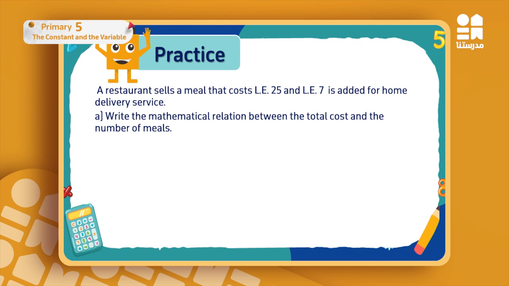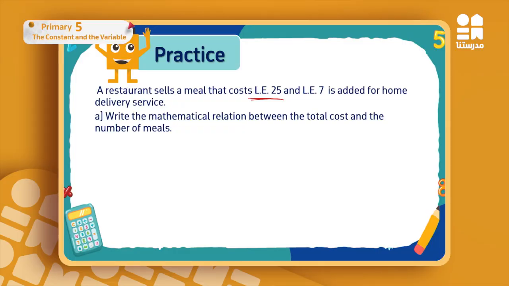When he delivers it's an extra LE 7. Okay? One meal is 25 LE. Here, write a mathematical relation between the total cost and the number of meals.